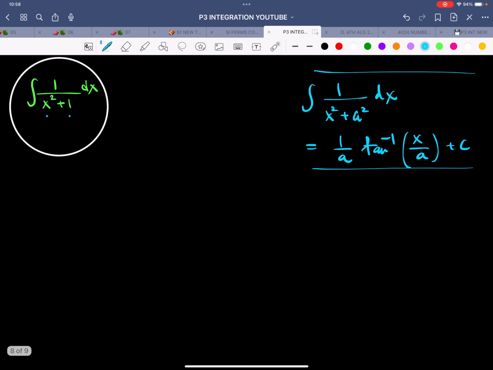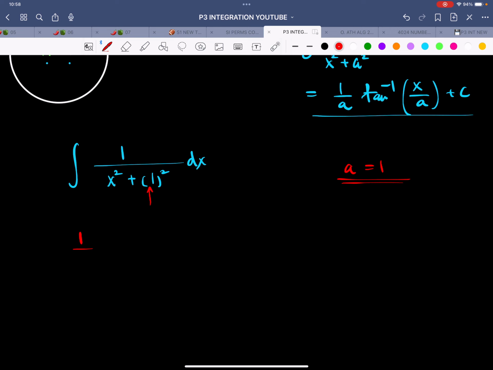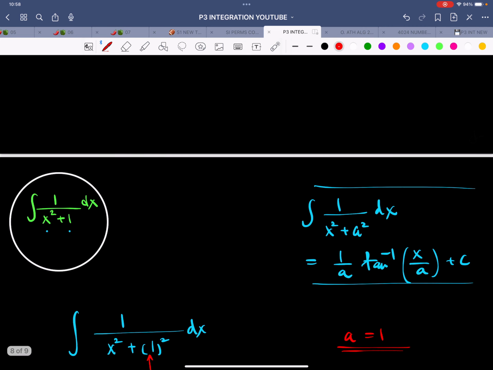So this is the integral of 1 over x square plus 1 square dx. So just realize the fact that this is a square. Therefore a is 1. So this is very simple. 1 over 1 tangent inverse of x over 1 plus c, and that is the answer for this part. And let me label it over here. This is worked example 5.